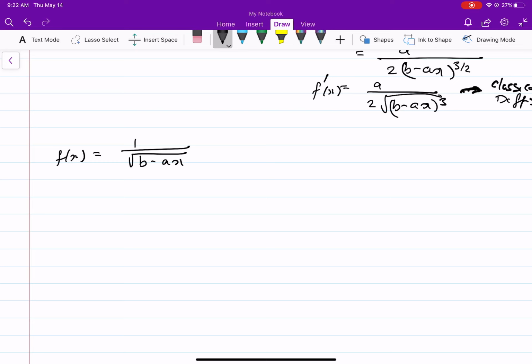First principles will basically say that this is f prime of x, not f prime of x yet, f of x plus delta x. f of x plus delta x will be 1 upon the root of b minus a into x plus delta x. Remember, the only thing you're doing to get f of x plus delta x is to replace x with x plus delta x everywhere.